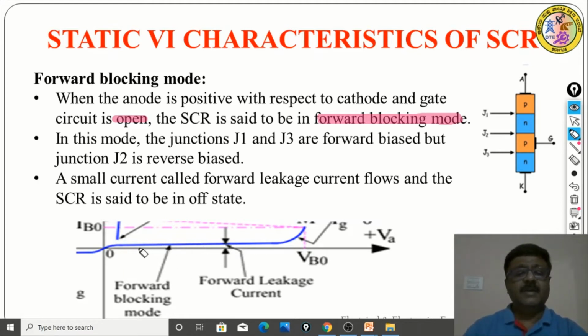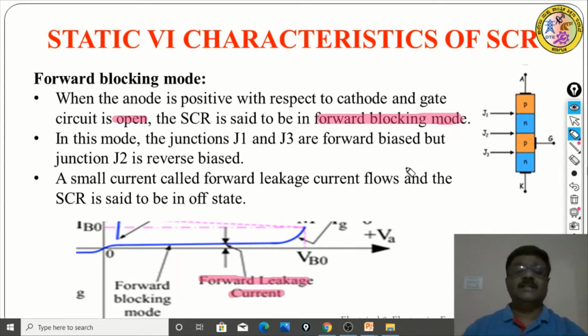As we go on increasing the voltage across the SCR by varying the potential divider, a small leakage current flows through the anode terminal of the SCR. This small current is called the forward leakage current.